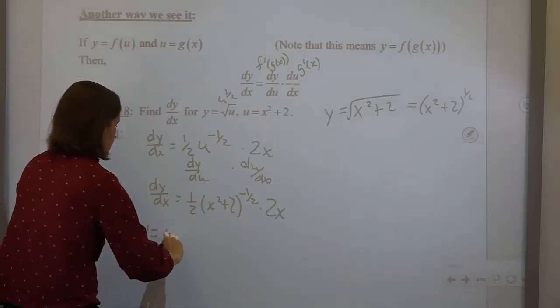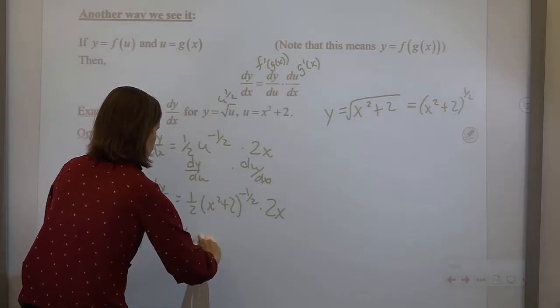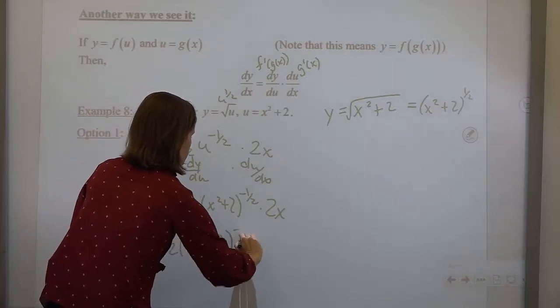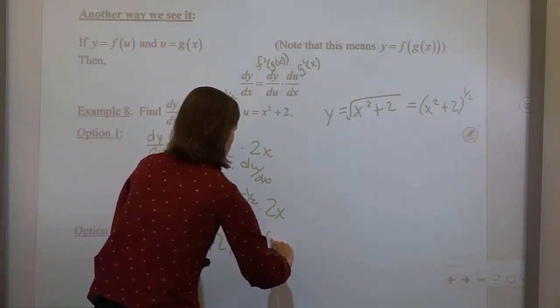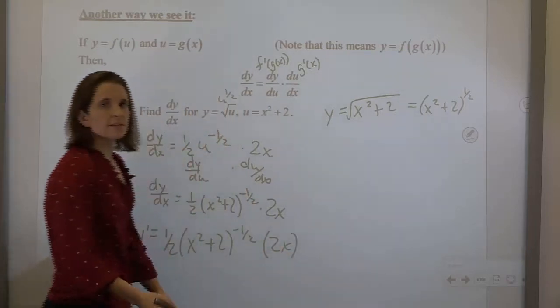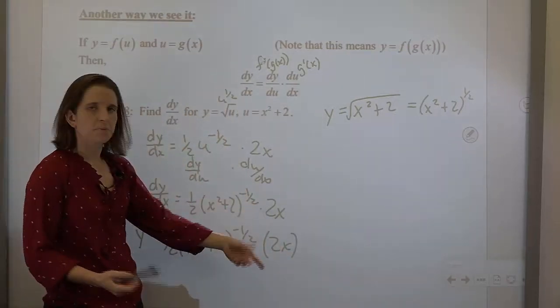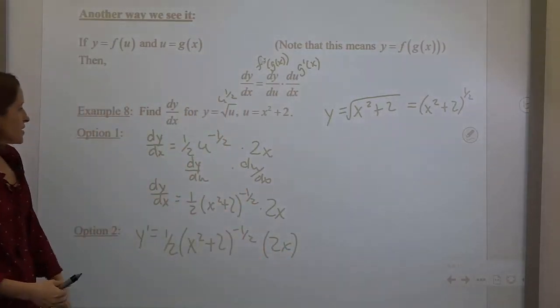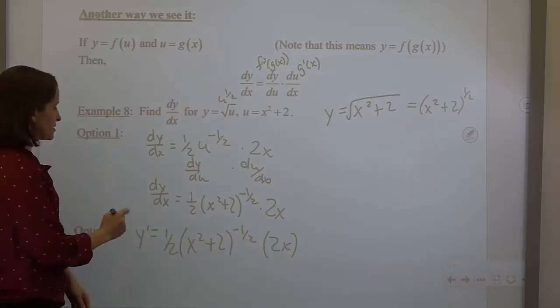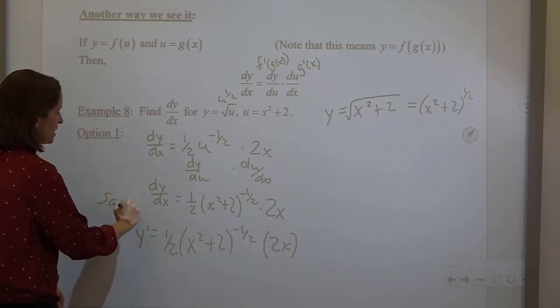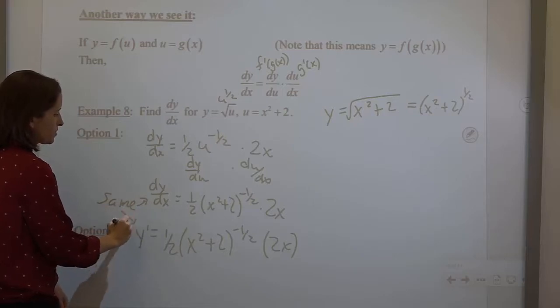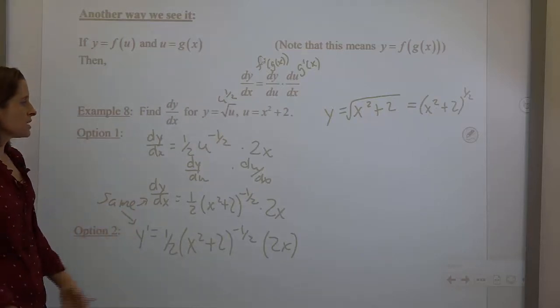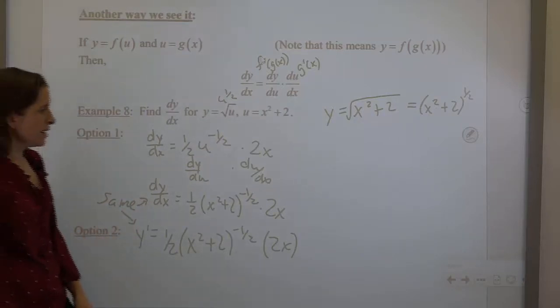So we said bring down the power, leave the inside alone, subtract 1 from the power, and then times the derivative of the inside. Whether you use a dot or parentheses doesn't matter. Either one is going to get you the same answer, and it's totally up to you which notation you start using, as long as you understand it and can do it well.